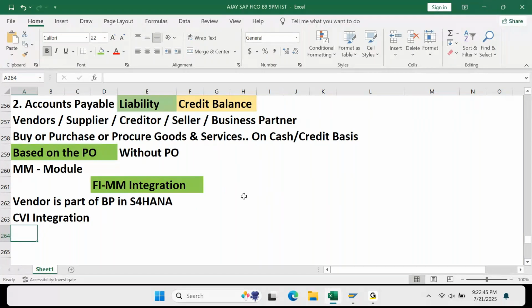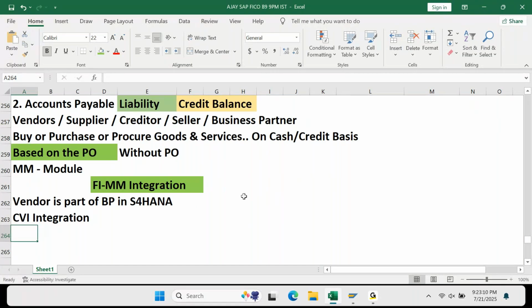Now in that case, the vendor is the same person, the customer is also the same person. Vendor becomes a customer. In that case, vendor and customer, both are the same. Now for that matter, you need to ensure CVI is important. Only one master for both vendor and customer. It is a single master for both customer and vendor.